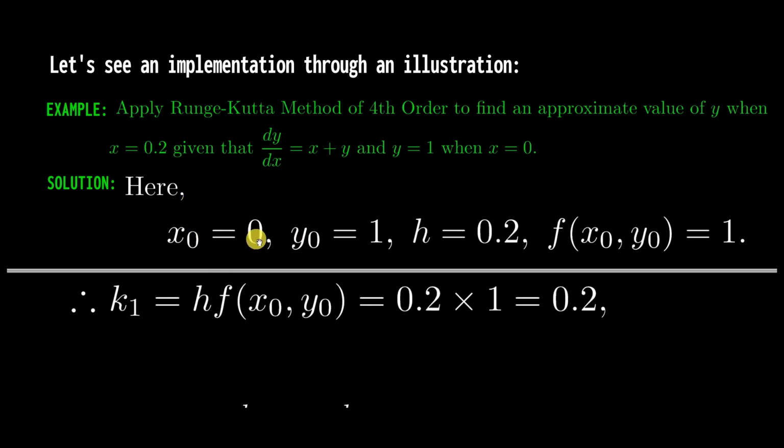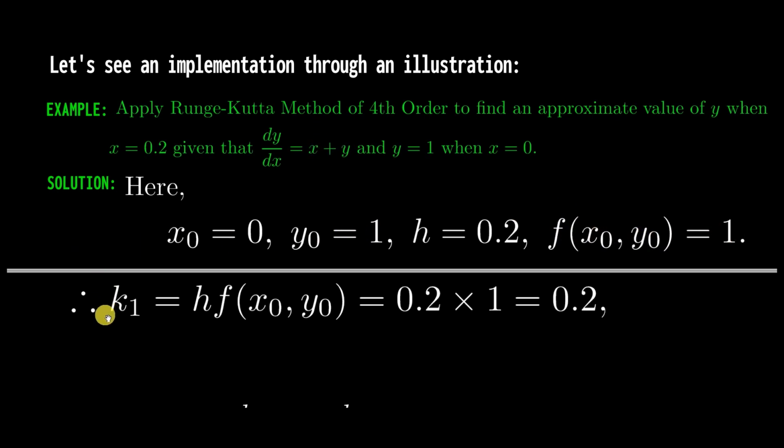Here we are just writing all the information that we already have from the statement. So x naught is 0, y naught is 1, h is equal to 0.2. Directly you are jumping from 0 to 0.2, and f at x naught, y naught is 1, and that can be observed from this relation x plus y, right?